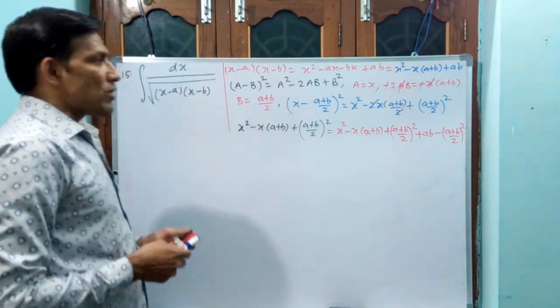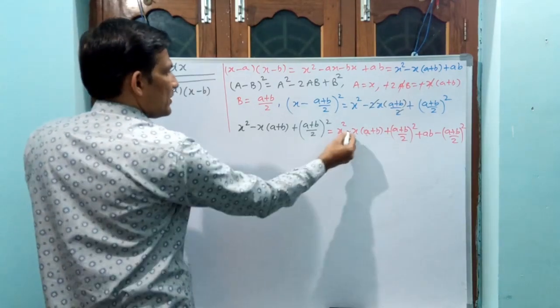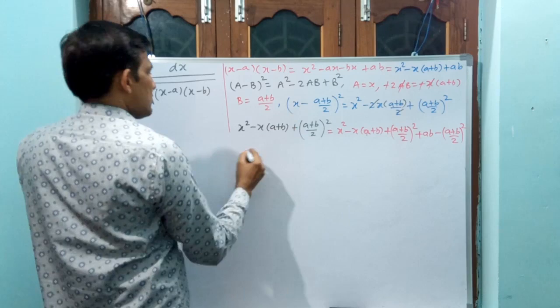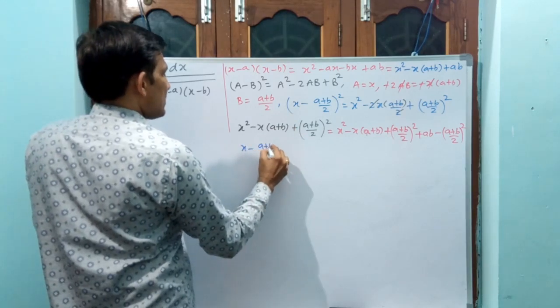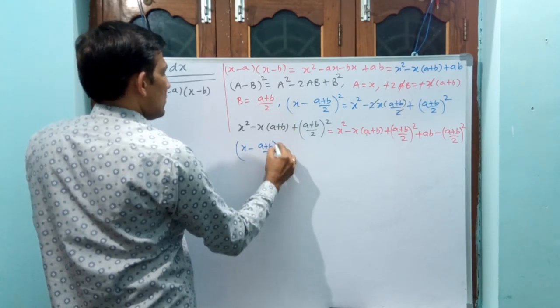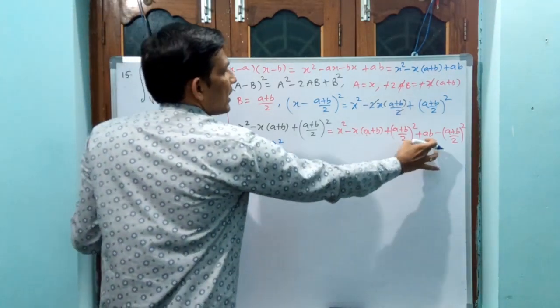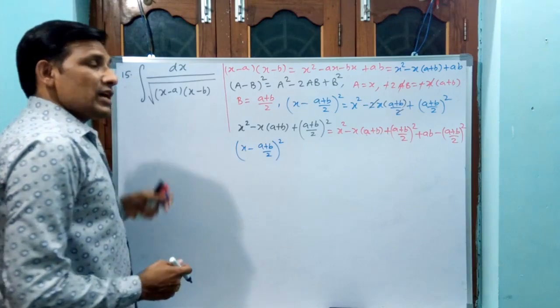Okay. And now how are you going to write this? You see, until here you are going to write x minus ((a plus b) by 2) whole square, up to here, and ab minus ((a plus b) by 2) whole square.